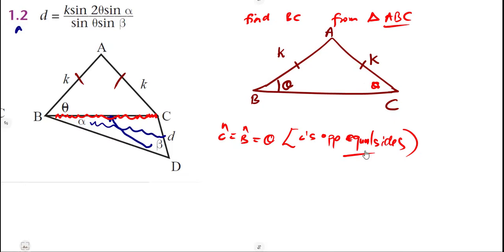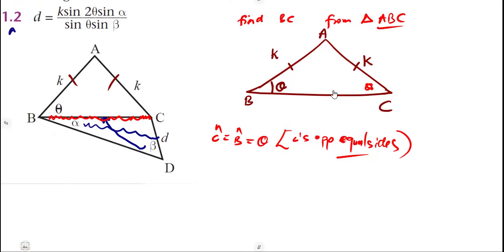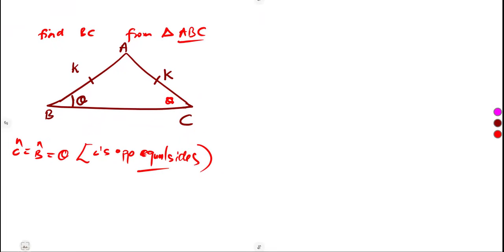Okay, no problem. So as we are focusing on triangle ABC, how can we determine the length of BC? If we notice here, it's a non-right angle triangle. And these two angles cannot help us, so there is nothing that is going to help us.